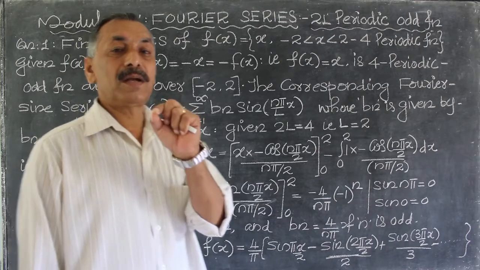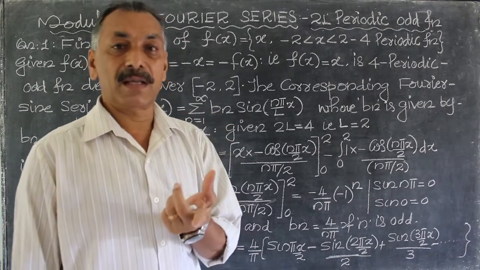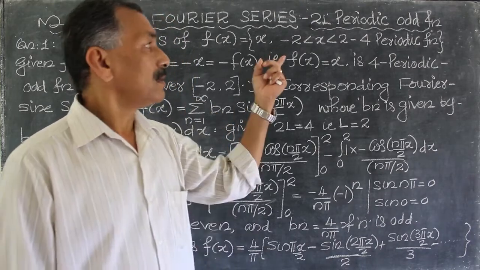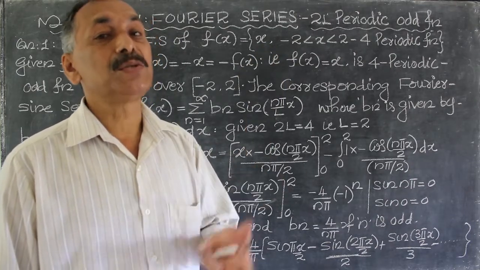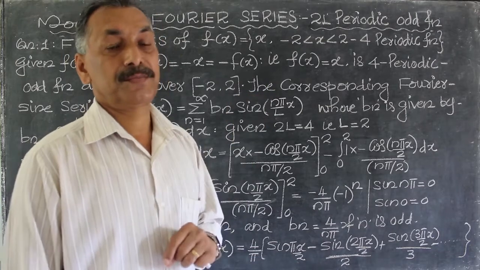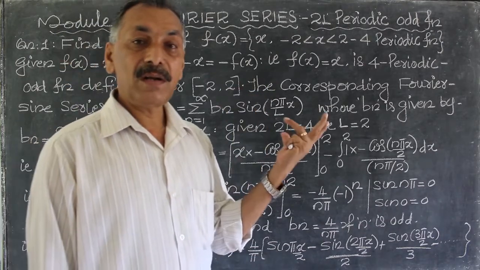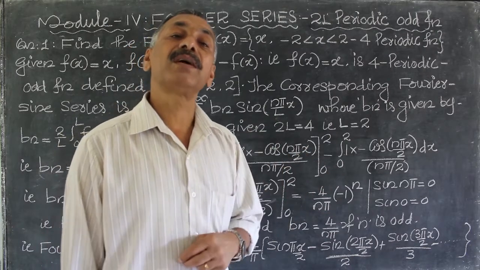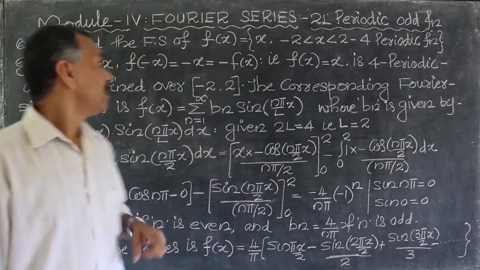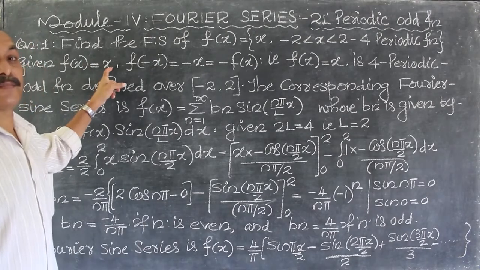In the problem, we first identify the period. That is a 2L periodic function defined over the interval minus L to L, that is, minus 2 to 2. Then what is f of x? f of x is equal to x.